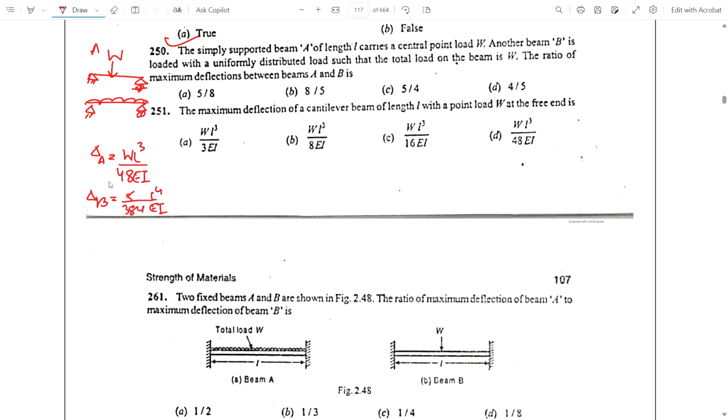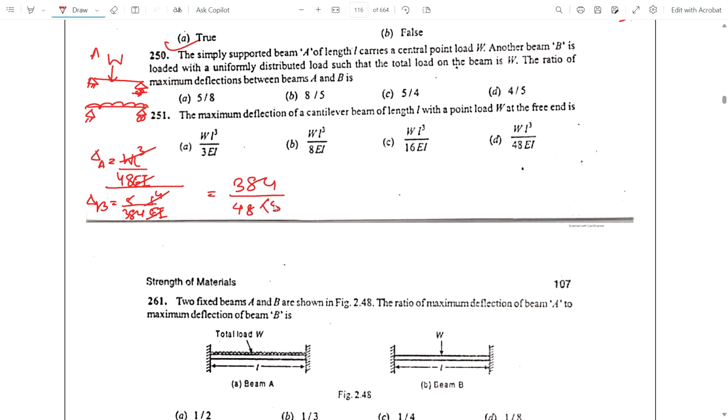If we divide, EI cancels, and 384 goes upward, 48 into 5. 384 divided by 48 is 8 times, so 8 by 5. Our option 2, B, is the correct answer.